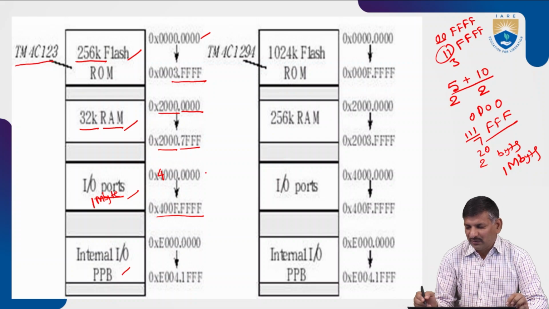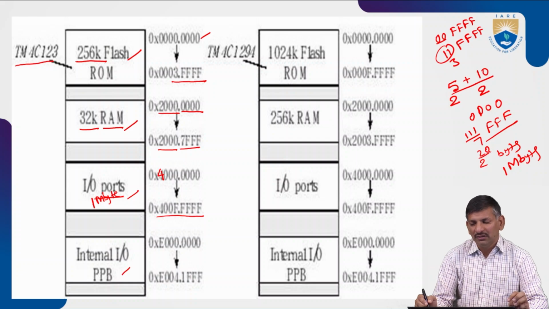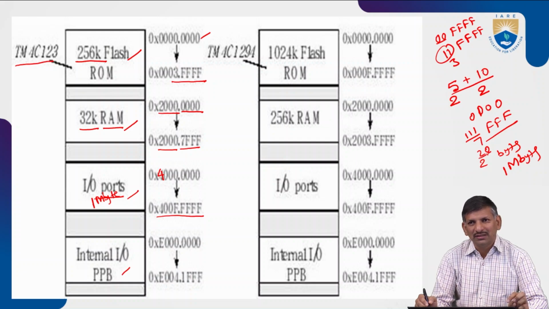So 1 megabyte means 2 power 20 bytes. 2 power 20 means 20 bits required. 20 bits in hexadecimal, 1 hexadecimal digit requires 4 binary bits. So 20 divided by 4 means 5 hexadecimal digits.